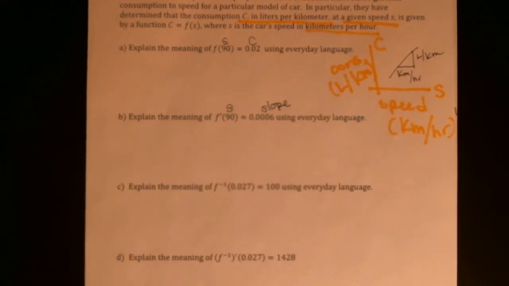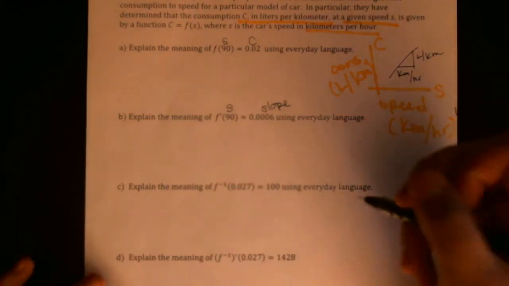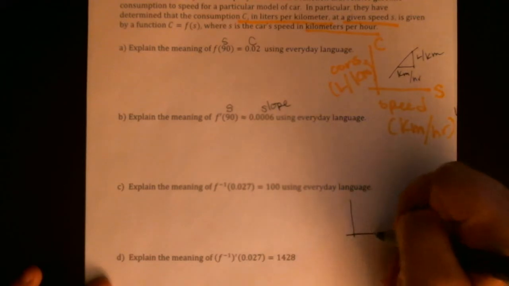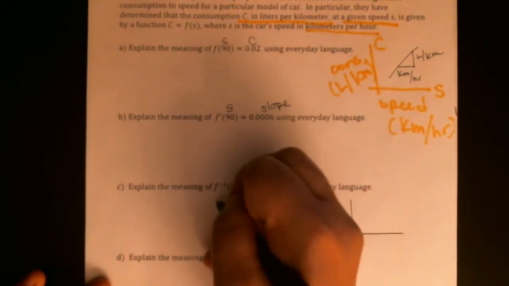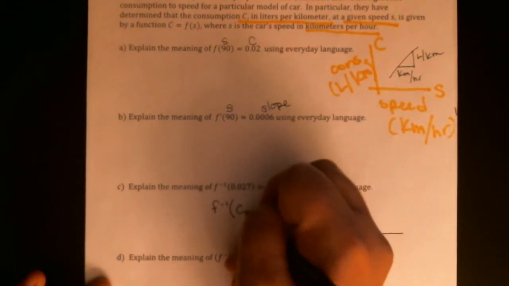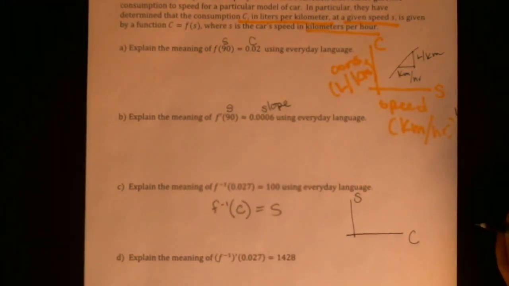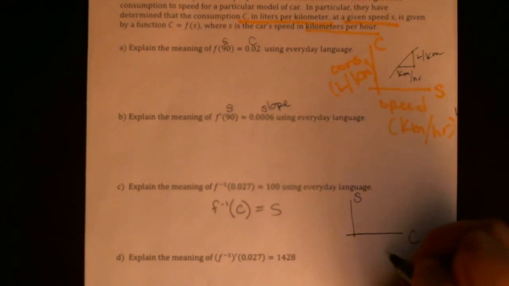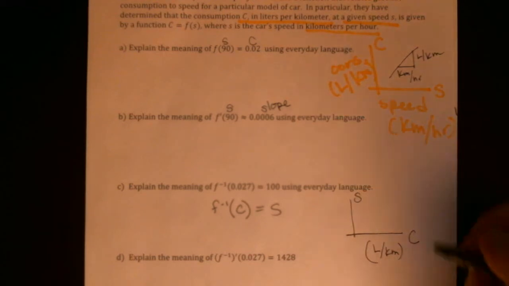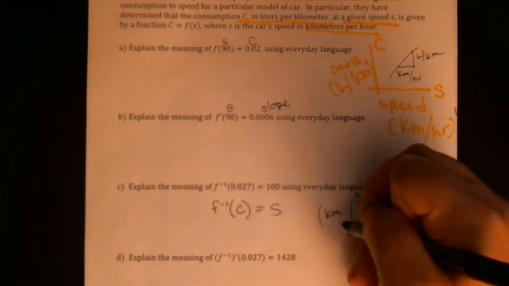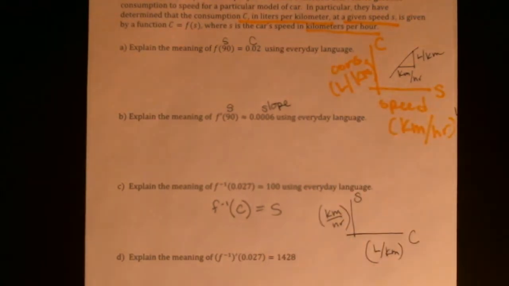Okay, next one, working a little inverse notation here. So we are supposed to explain the meaning of f inverse of 0.027 equals 100. Okay, so if we're doing f inverse, it is going to input C's and output S's. So we've just switched things up. So this is going to be the fuel consumption in liters per kilometer, and this is going to be the speed in kilometers per hour.